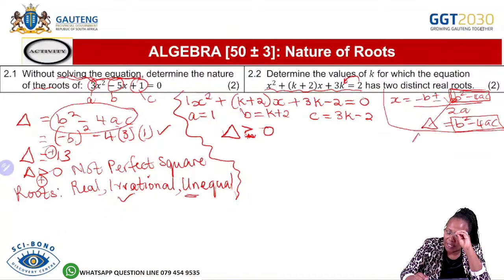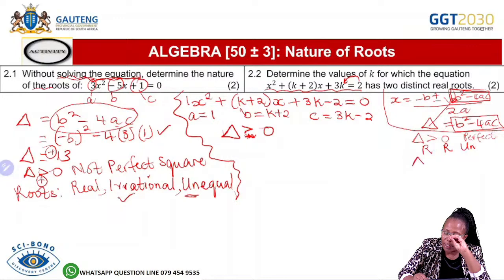If the discriminant is greater than 0, that means positive and a perfect square. That means the value that you have for your discriminant is a perfect square, so the roots will be real, rational, but unequal.